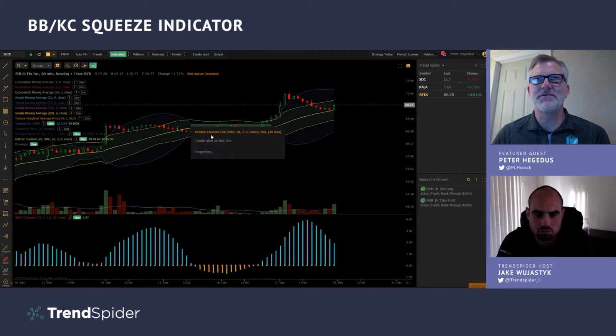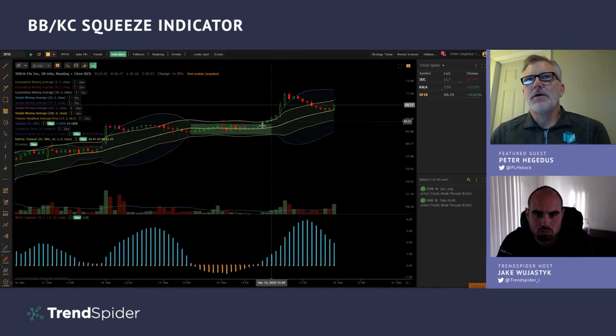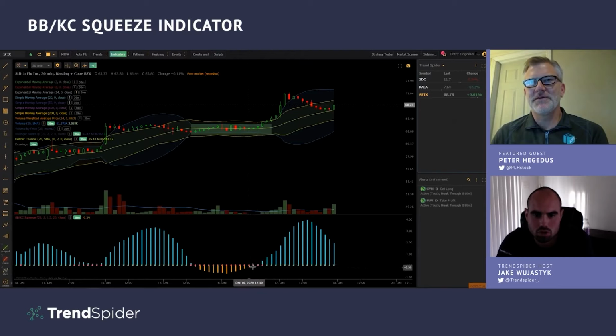Let me try to get rid of this little highlight here. But once you start to see the Bollinger Band turn up, which very often is going to coincide with that light blue bar, so I go from the yellow-orange bar to the light blue bar, then your price action simply follows, and in some cases overshoots.